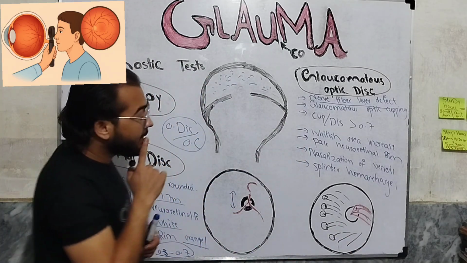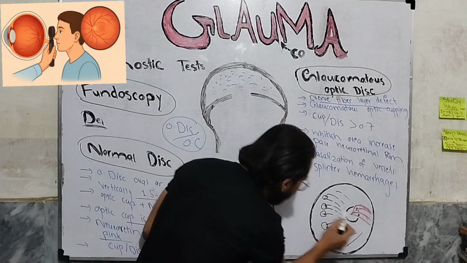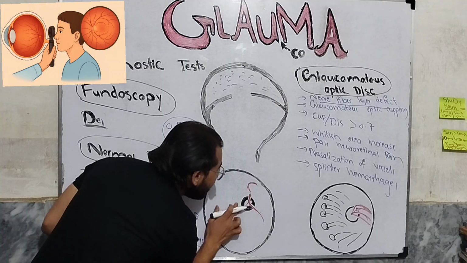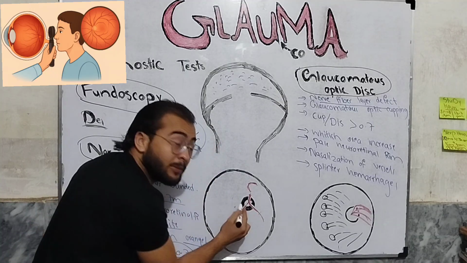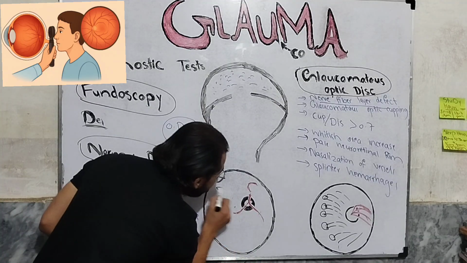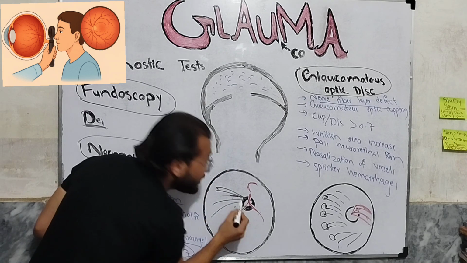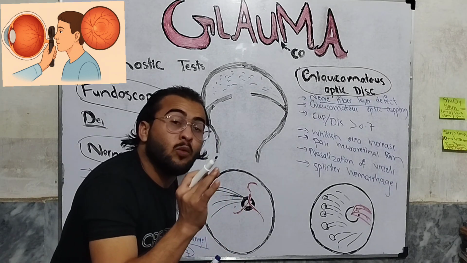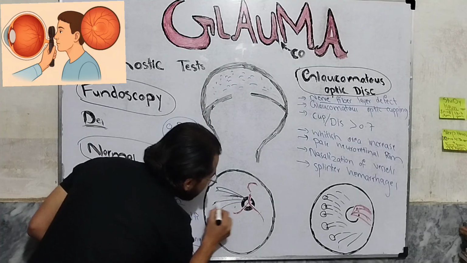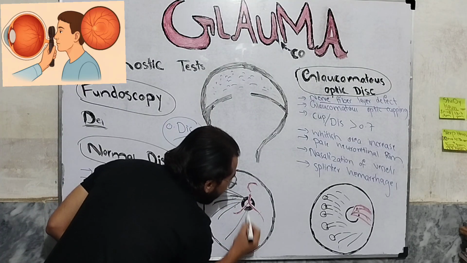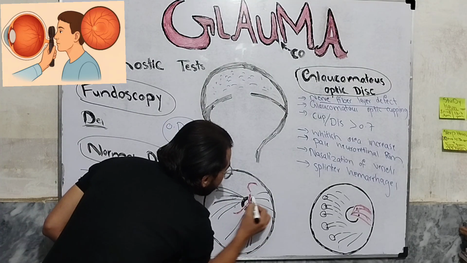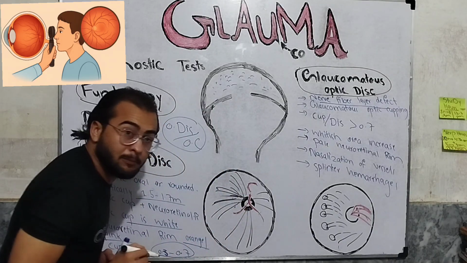Now we know that the optic nerve head, which is also called the optic disc, is made by these fibers. The neuroretinal rim, which is pink or orange in color, is made by these fibers. They converge and make this neuroretinal rim.